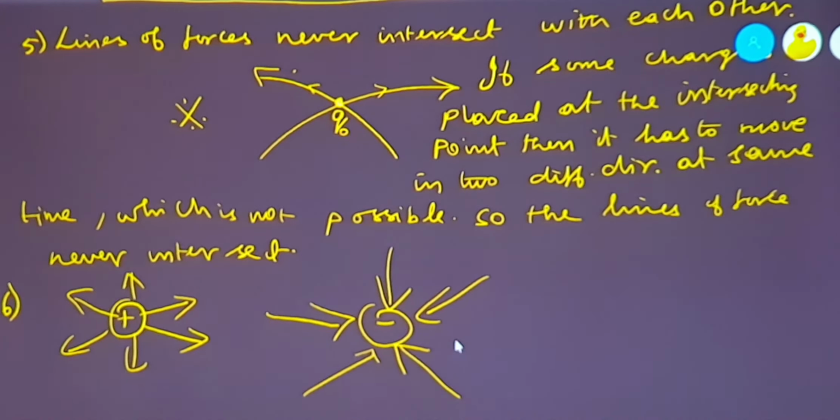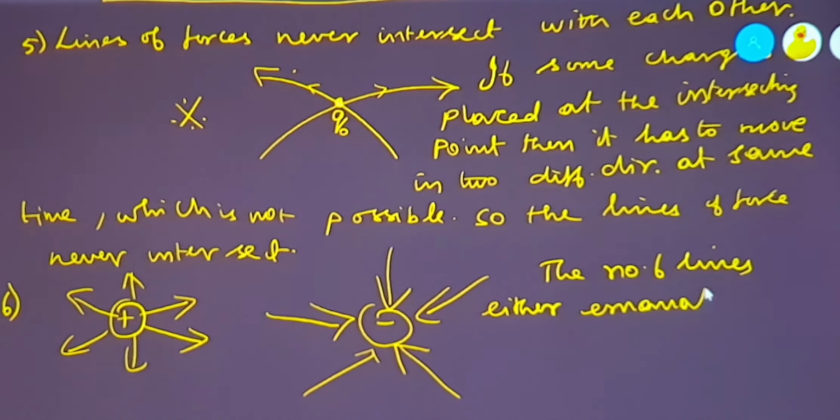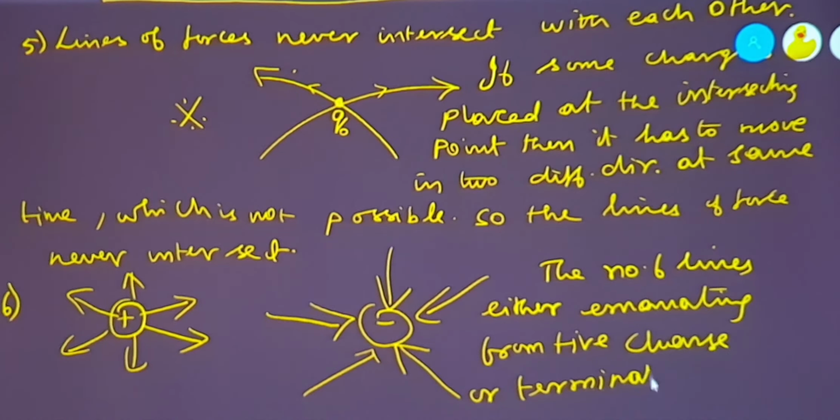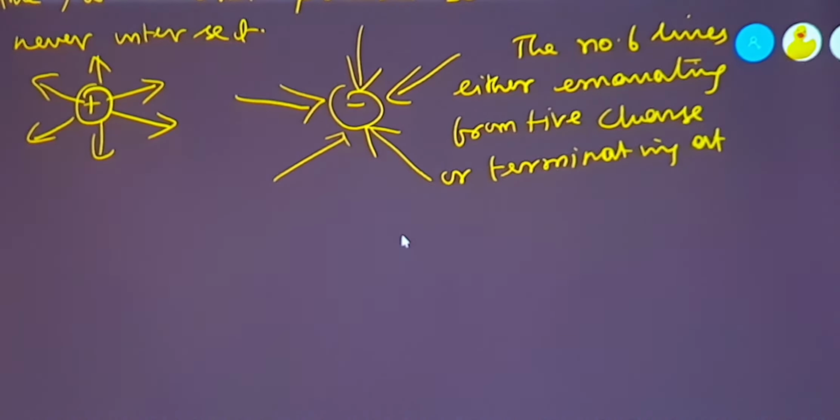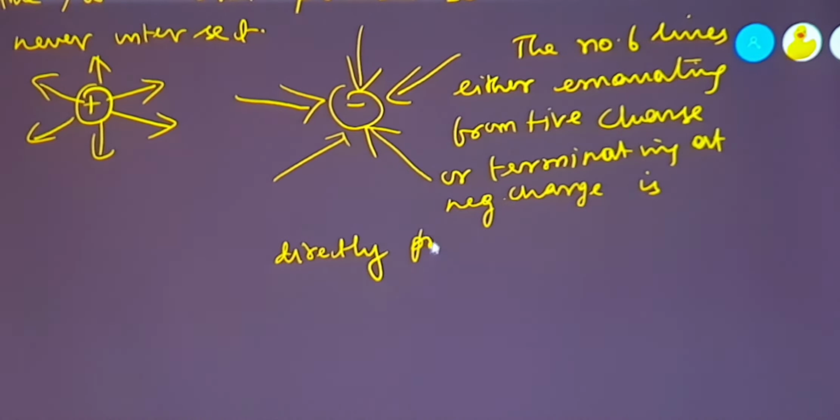Here they are again insisting that the number of lines either emanating from the positive charge, emanating meaning coming out, or terminating at the negative charge, is directly proportional to the magnitude of the charge.